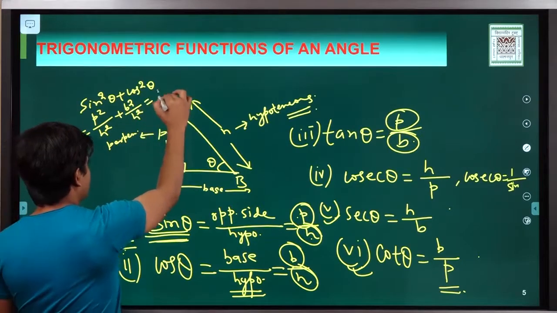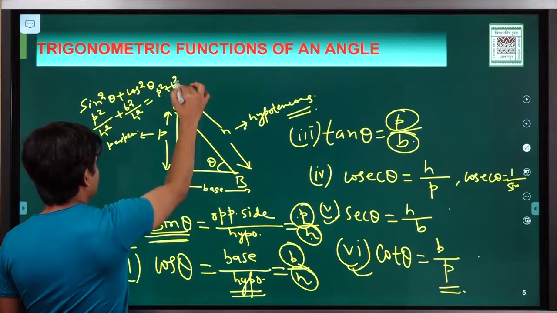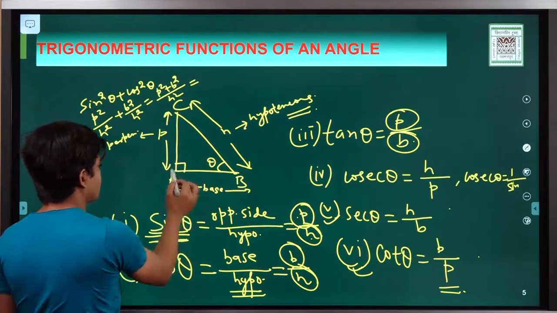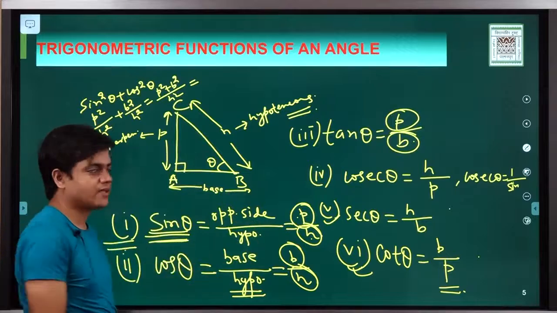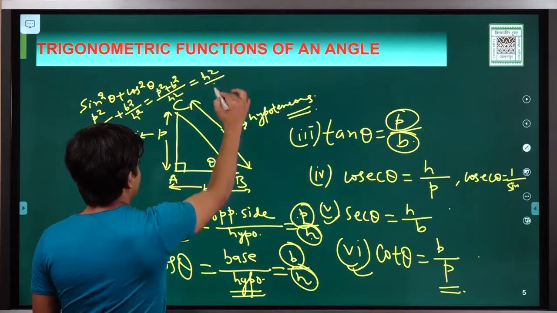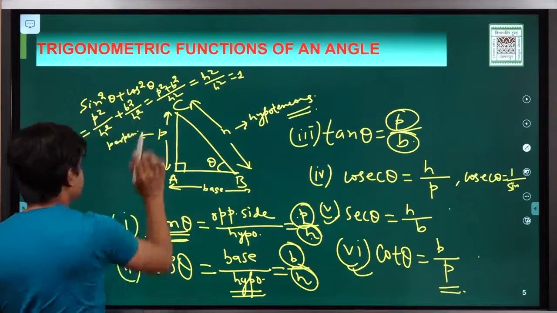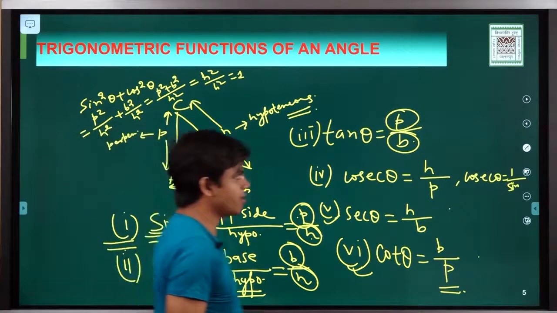So it will become P square plus B square by H square, and P square plus B square is H square by Pythagoras theorem. So H square by H square is equal to 1. So we have seen that sin square theta plus cos square theta is equal to 1.